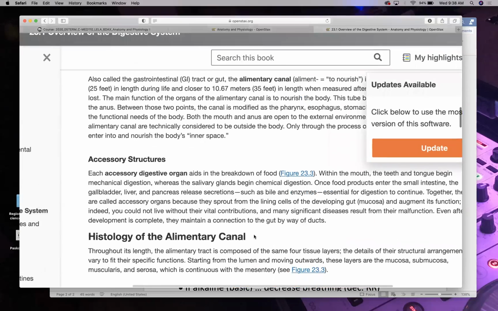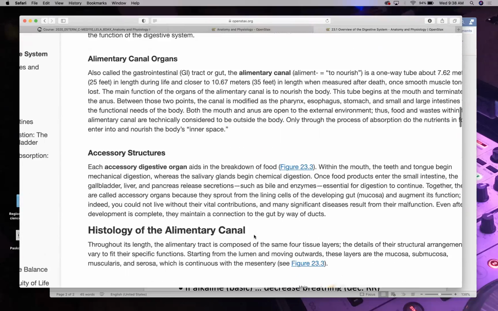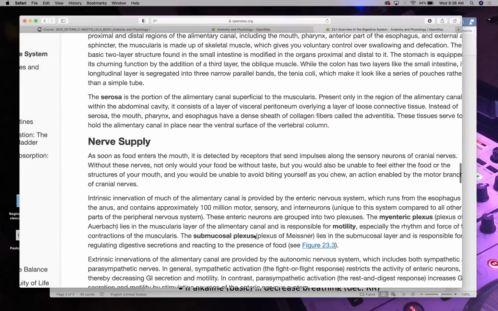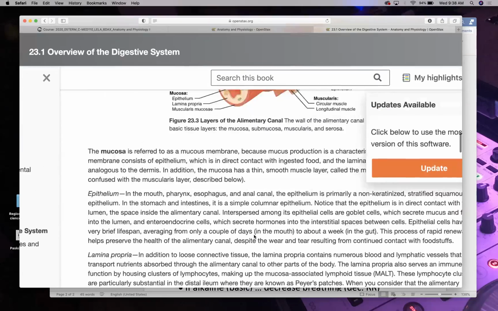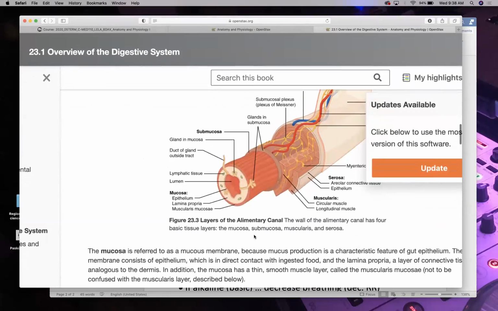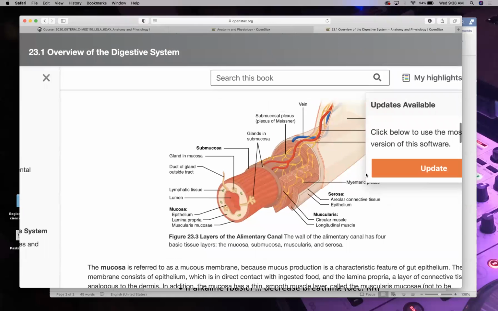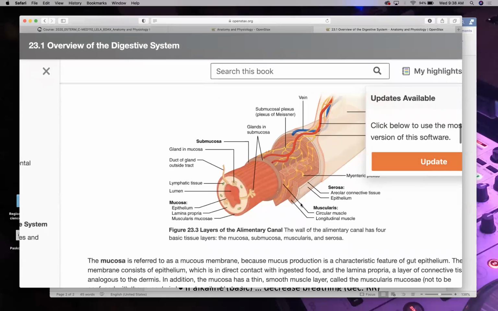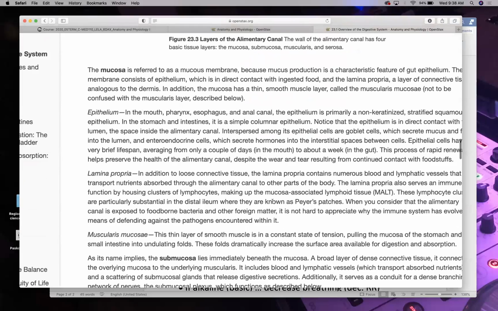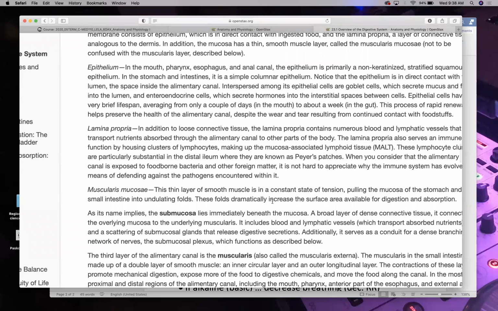Now, need to know, what does each part do? So here's an example. Well, nerve supply is good because I mentioned that. That's your myenteric plexus. What did we need to know about the myenteric plexus? The myenteric plexus is not controlled by you. It's only controlled by your brain. So all the muscles in your GI system are visceral.